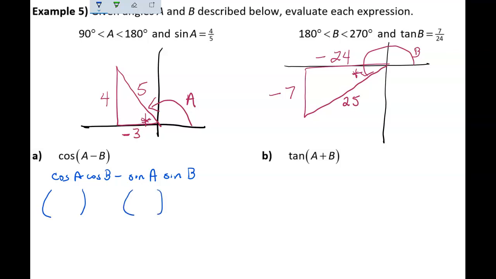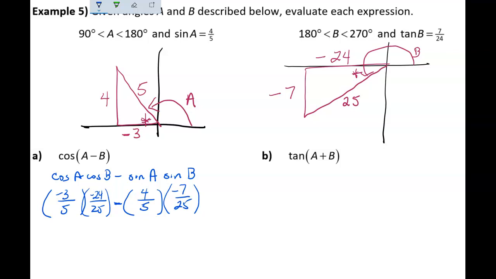Cosine of angle A is adjacent over hypotenuse, -3/5. Sine of angle A is opposite over hypotenuse, or 4/5. Now let's look at our diagram for angle B. Cosine of angle B is -24/25, and sine of angle B is -7/25.